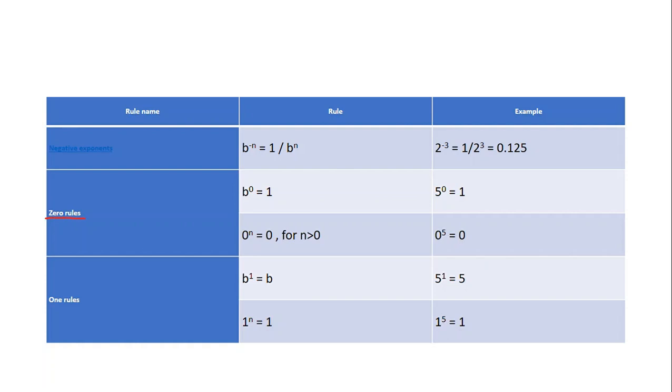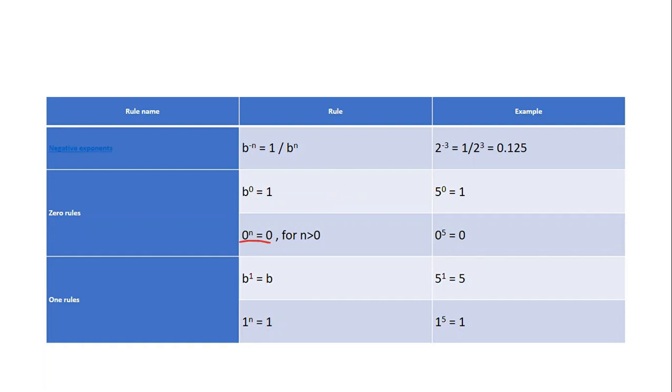0 rules. First case is b to the 0 is equal to 1. That means that any number to the 0 is going to be 1. Then 5 to the 0 is 1. 1 million to the 0 is 1. Any number to the 0 is 1, with just one exception, 0. 0 to the 0 is not 1. It's the only exception. Next. Second case for 0 rules is 0.